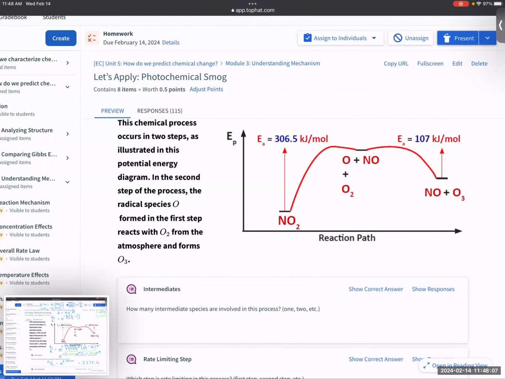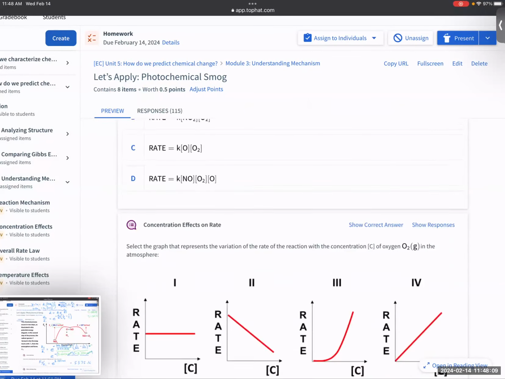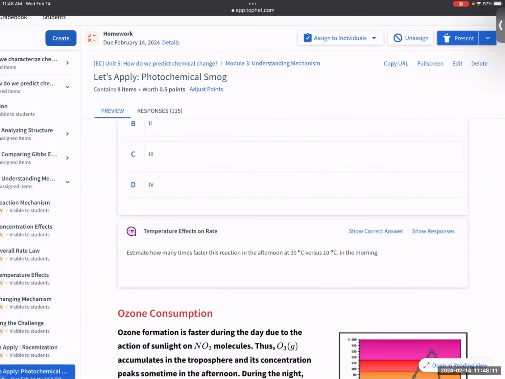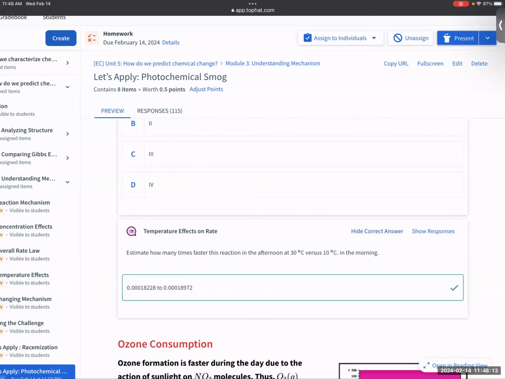If you go back here, anyway, Top Hat has it wrong. It should be 5,375 as we calculated it. That's the final answer. So this will be changed. It needs to change.